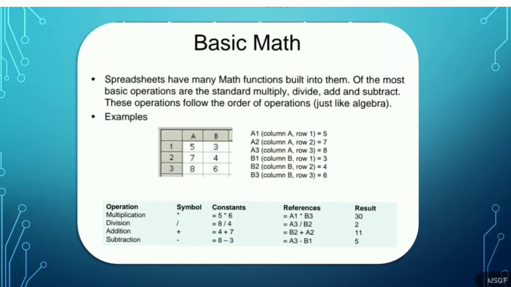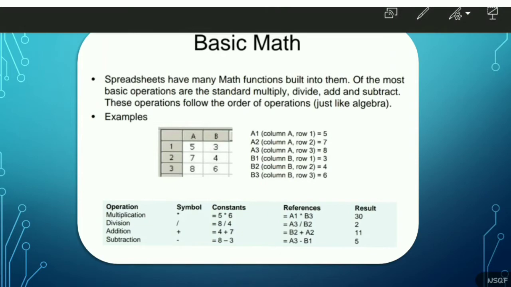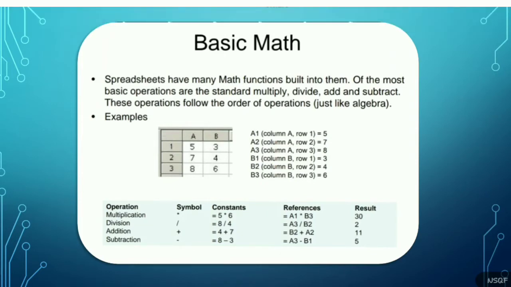A1 contains column A, row 1. What is inside this box? It is 5. Similarly A2, column A, row 2, that is 7, and it goes on.